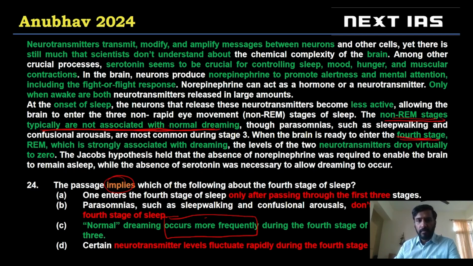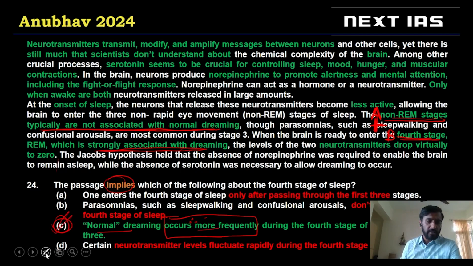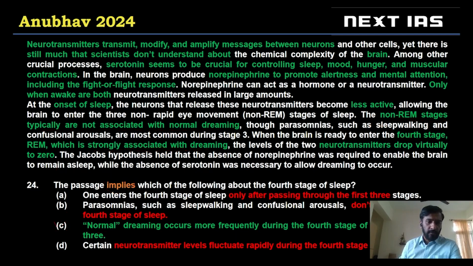The fourth stage is strongly associated with dreaming. So let's call this fact A and fact B. If we put these two facts together, which is why I was calling this an inference question, we get fact C, which is that normal dreaming therefore occurs more frequently during the fourth stage. Okay. So C is the correct choice here.